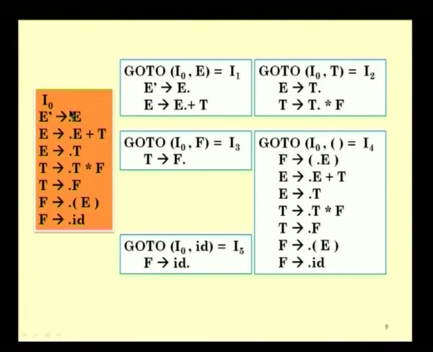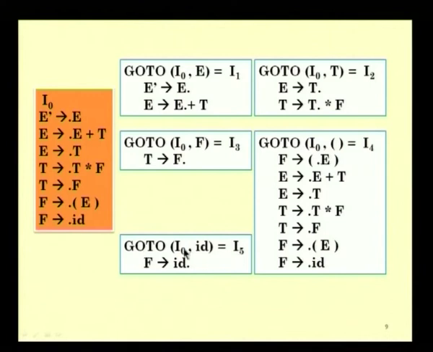So from the state I0, we have now computed the transitions for E, then T, then F, and finally for opening bracket. The only item which remains for the computation of transition is F derives dot ID, which is going to be the state I5.